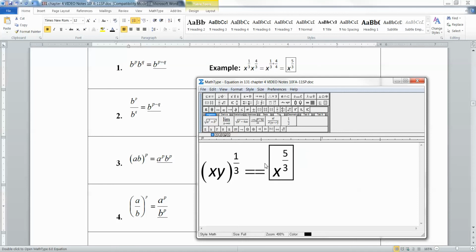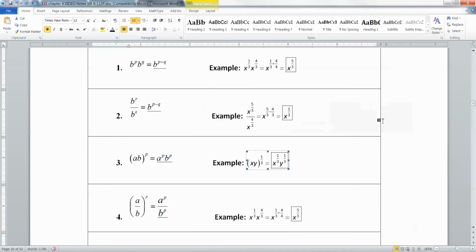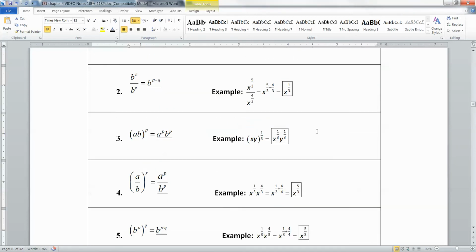What that would be is x to the 1/3 times y to the 1/3. You can raise each one of them to that 1/3 power. So that's all you can do with that one. They're not like terms, you can't combine them or anything like that, although terms wouldn't be appropriate here because you're multiplying, but you get my drift.